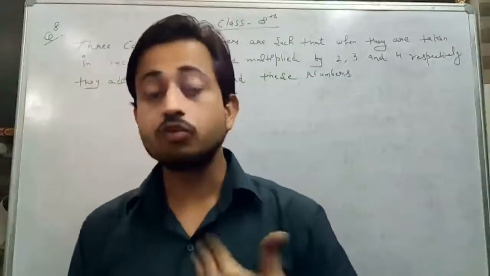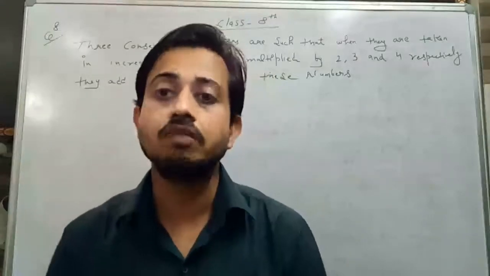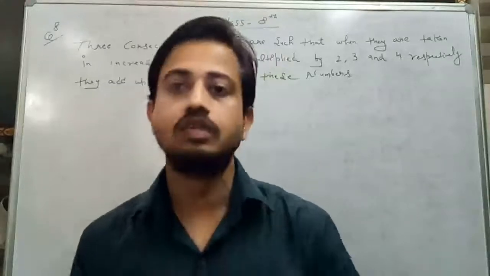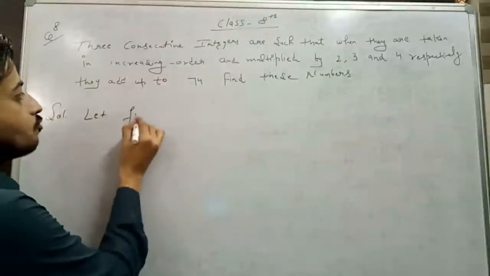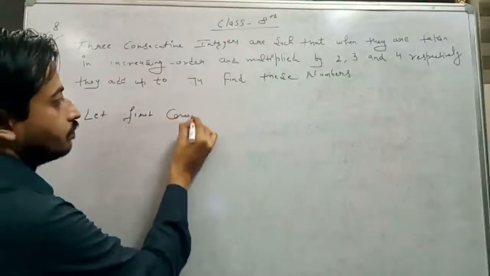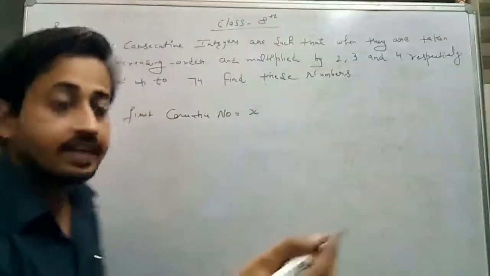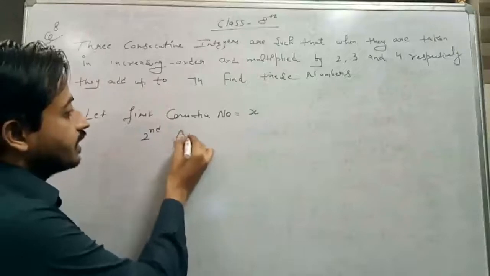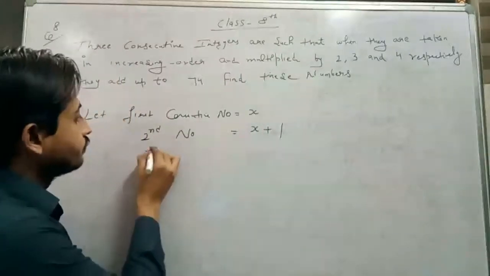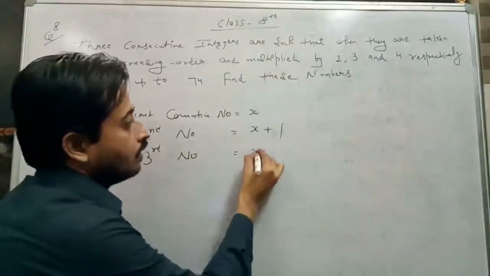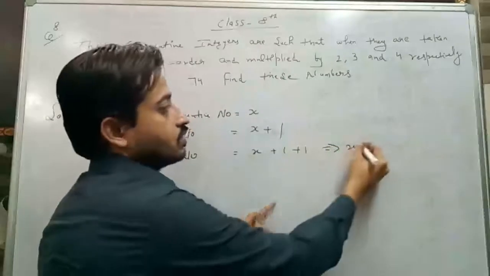In this question we don't know where the number starts, so we have to assume. Let the first consecutive number be x, then the second number is x plus 1, and the third number is x plus 1 plus 1, which becomes x plus 2.